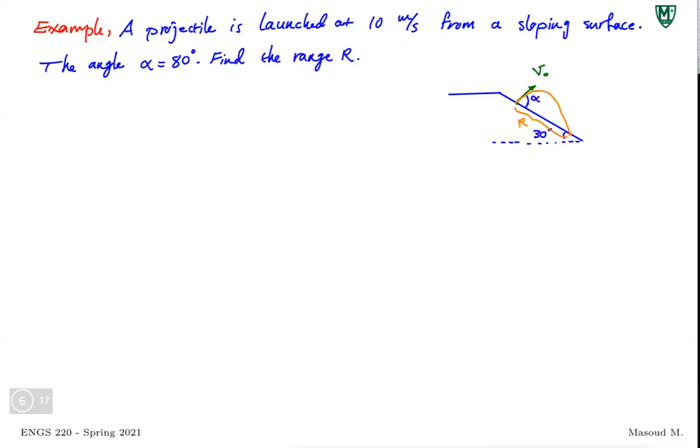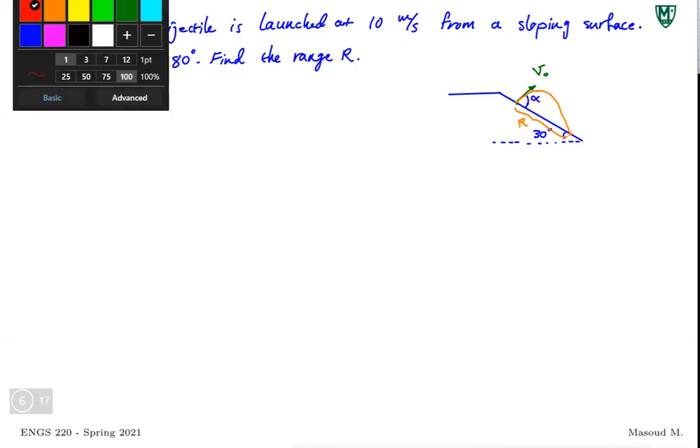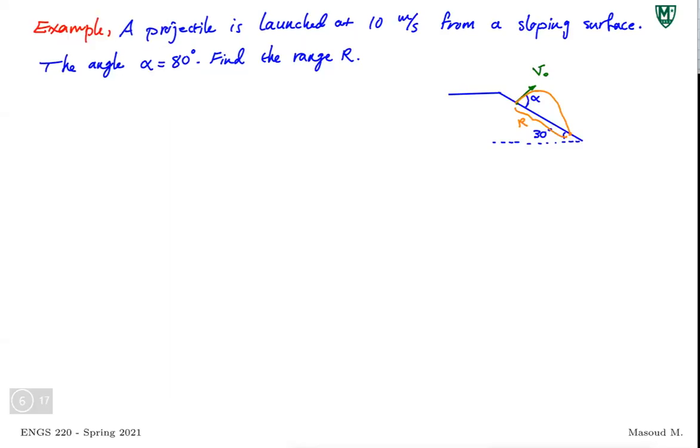Let's put the coordinate system here. I'll use red so it's more obvious. Let's put this one as x, and this one as y.